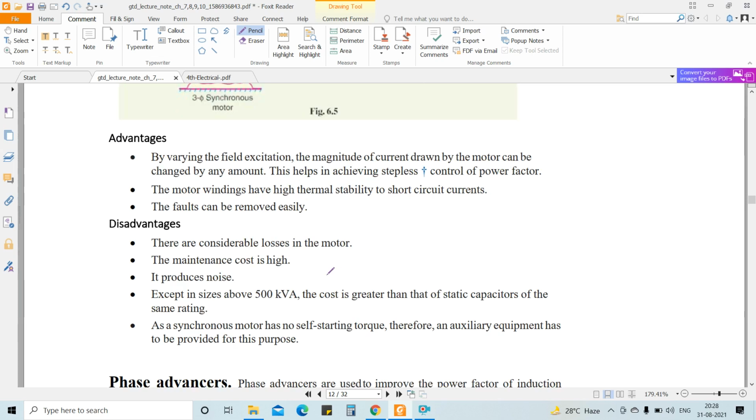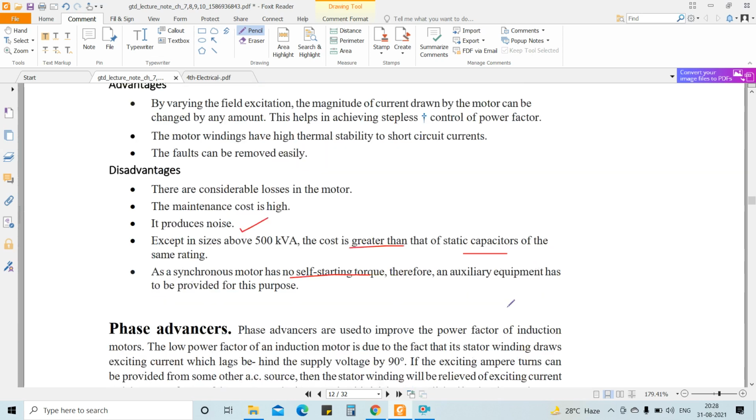Disadvantages are, there are losses in the motor, maintenance cost is high, and it produces noise. The synchronous motor has no self-starting torque, therefore auxiliary equipment is required to provide starting torque. And except in sizes above 500 kVA, the cost is greater than the static capacitor of the same rating. So these are the disadvantages.